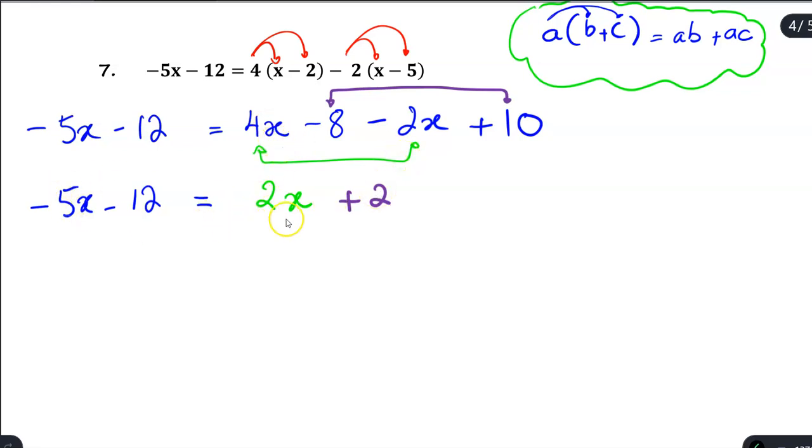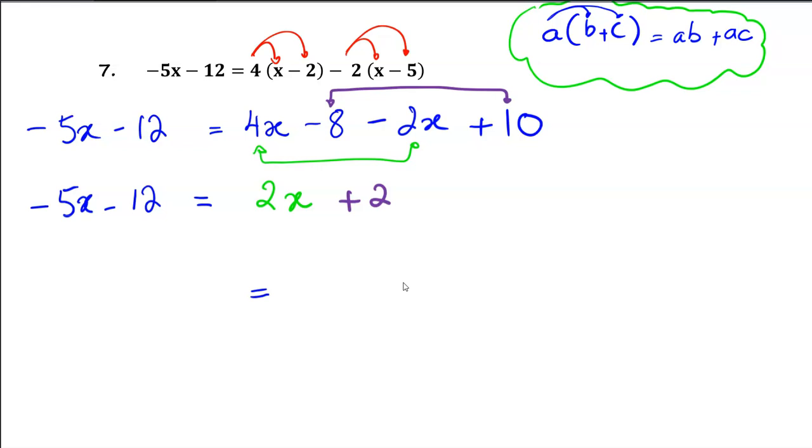Now after this point, you ask yourself, the basic concept of solving an equation is to isolate the x. And what side do you choose? You choose for x to be on the left-hand side of the equation. Therefore, you need to get rid of the 2x on this side. In order to get rid of the 2x on this side, you must subtract 2x.